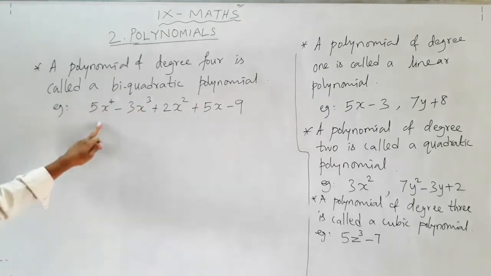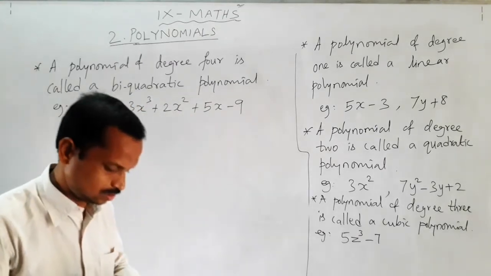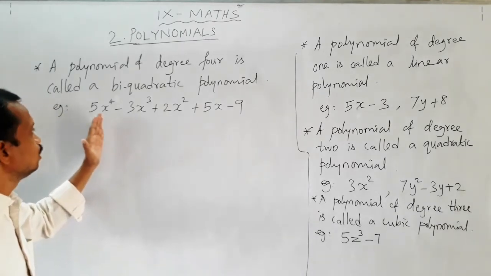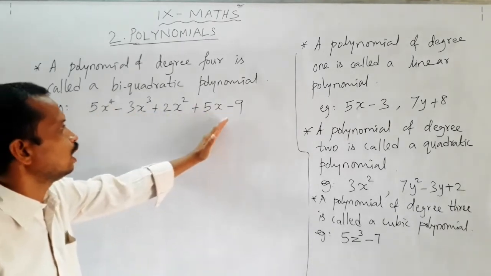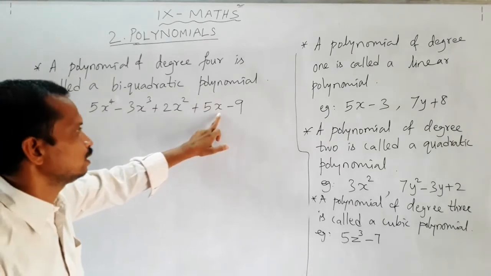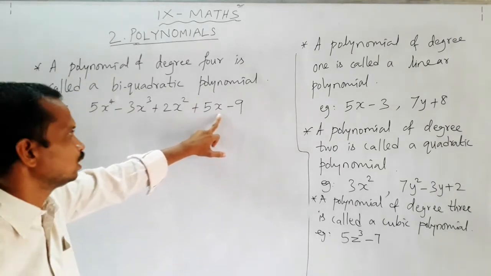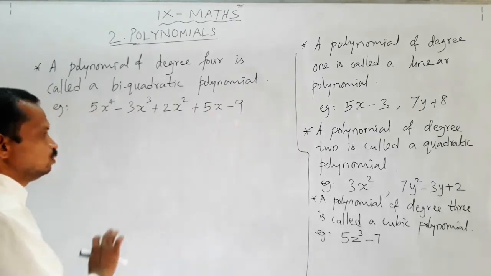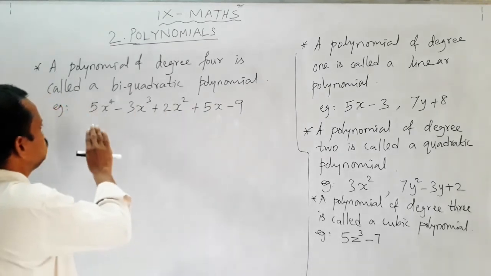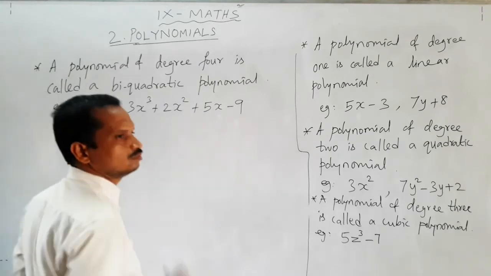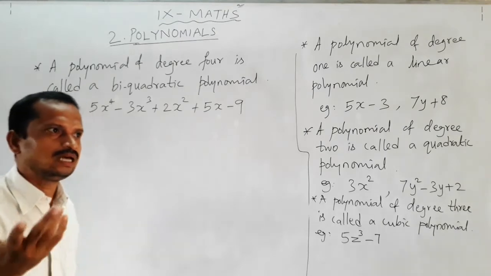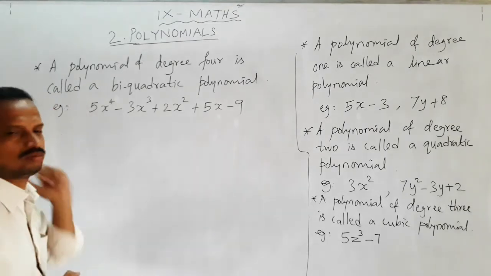You see 1, 2, 3, 4, 5 terms with descending powers starting from power 4, 3, 2 and then 1. Here x alone means the power is 1, and the constant is minus 9. So how many terms? The possible number of terms is 5 when the degree is 4.